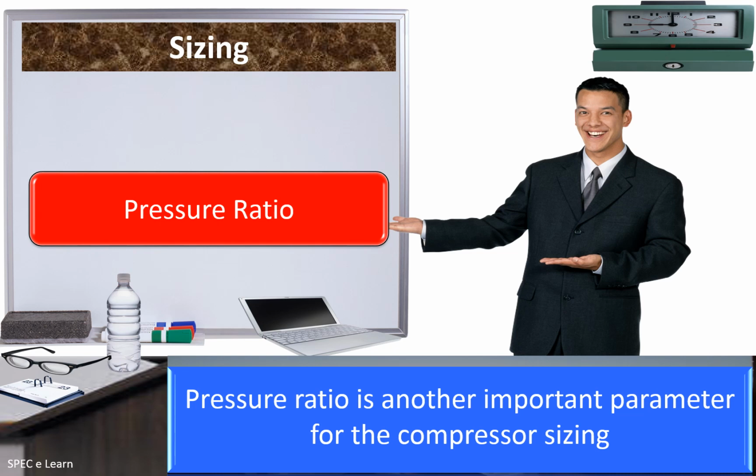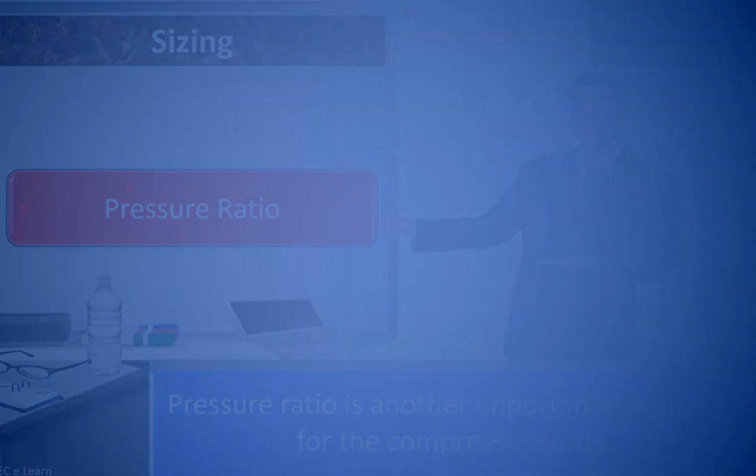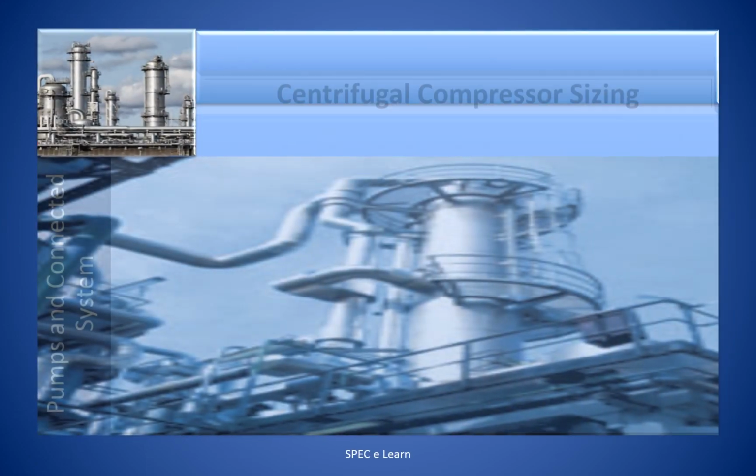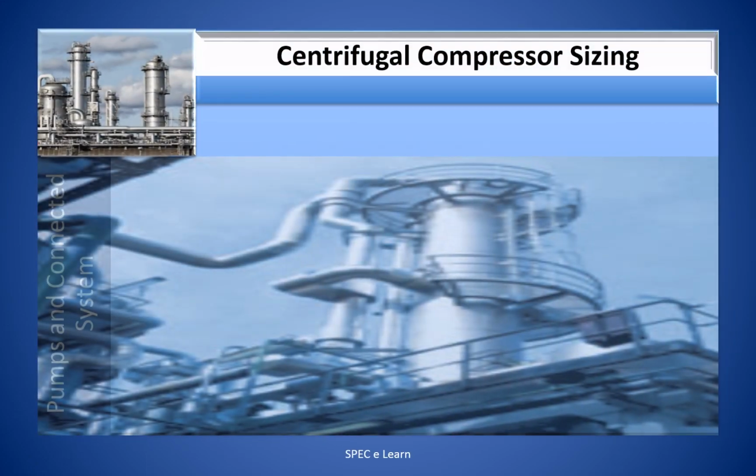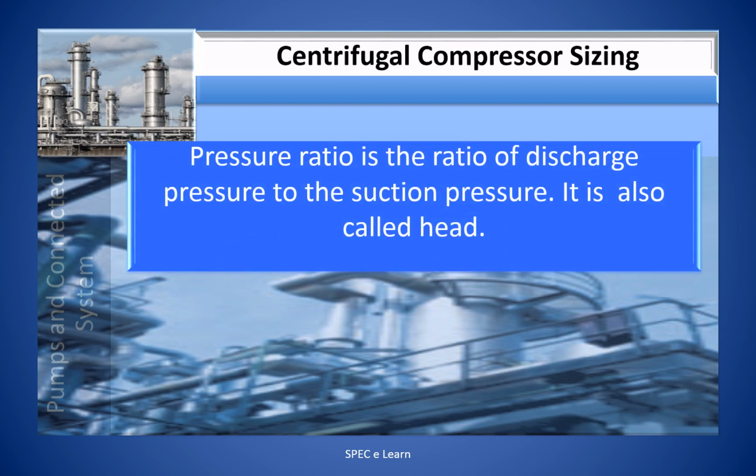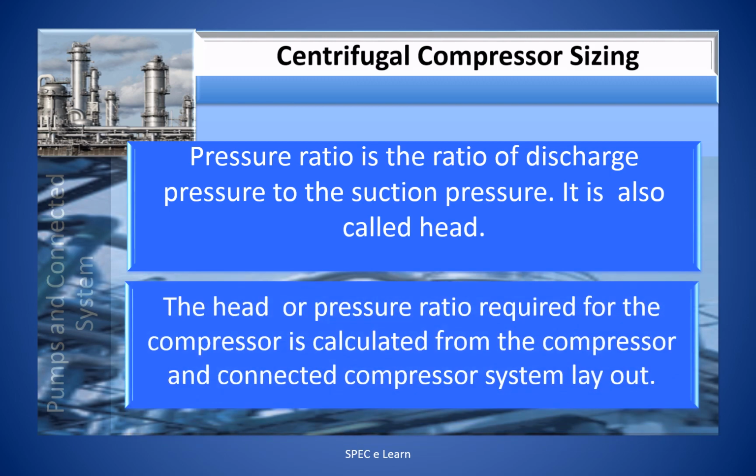Another important parameter for the compressor sizing is pressure ratio. Pressure ratio is a ratio of discharge pressure to the suction pressure. It is also called the head. The head or pressure ratio required for the compressor is calculated from the compressor and connected compressor system layout.